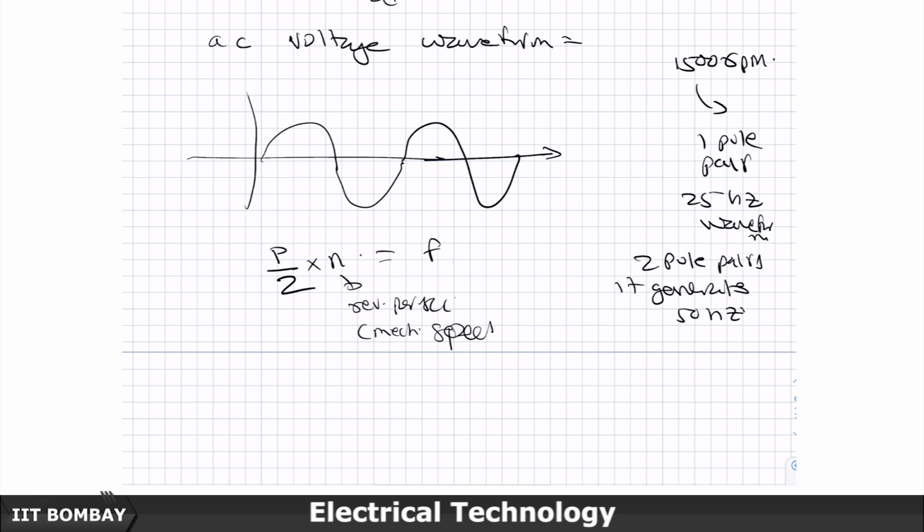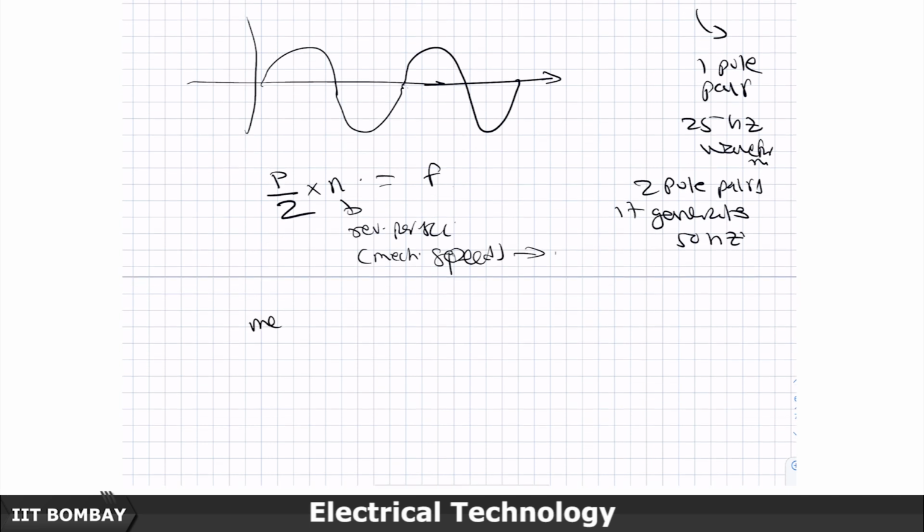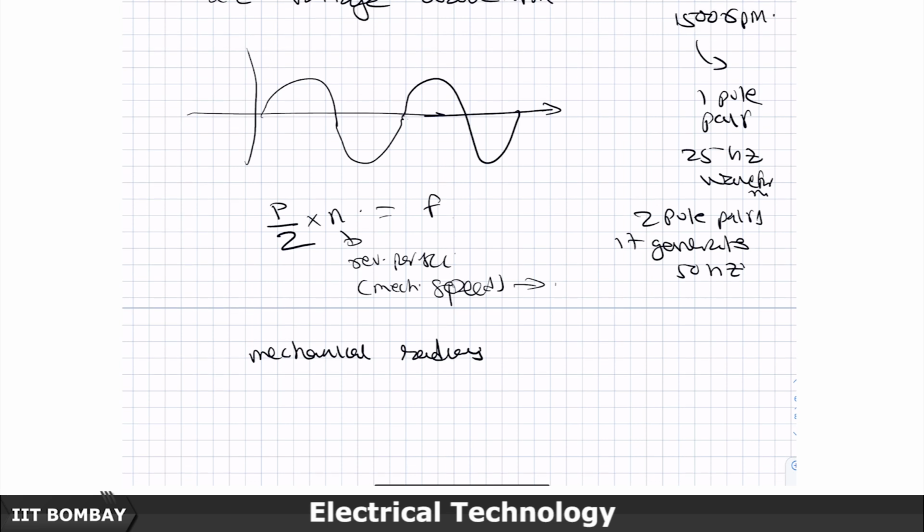Sometimes the angle which is associated with this is called the mechanical radian, but the electrical waveform that is generated from here, P n by 2, is the electrical frequency of the AC voltage.